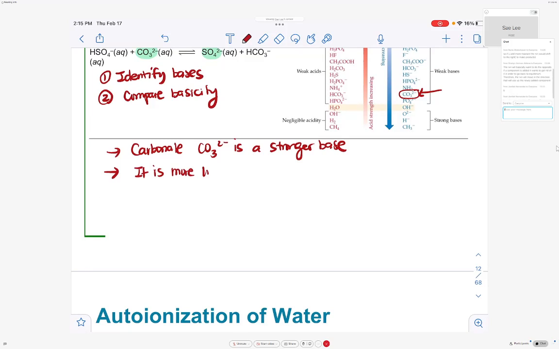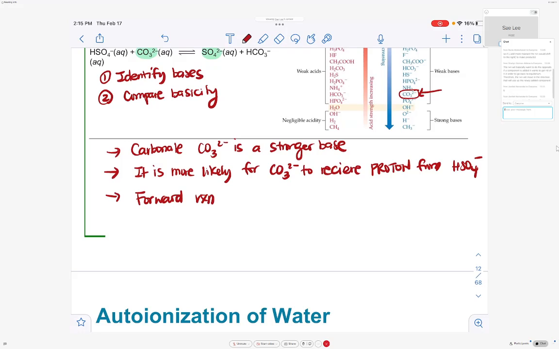It is more likely for carbonate to receive proton from hydrogen sulfate. Okay, so therefore the forward reaction occurs more readily.